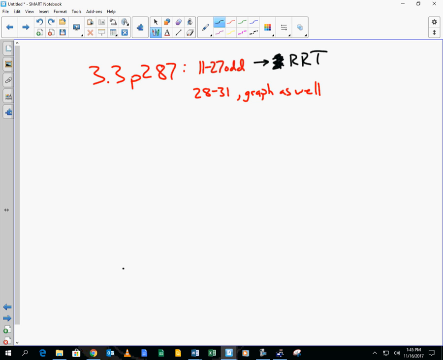Then when you do 28 through 31, another 4 problems. You are going to do those, but you're going to also sketch the graph, even though the book doesn't ask you to. I'd like you to sketch a graph so we are able to connect those 2 together. That's a big reason why we're doing this, is to make sure we know what the graphs look like. Okay? The book pages are online.